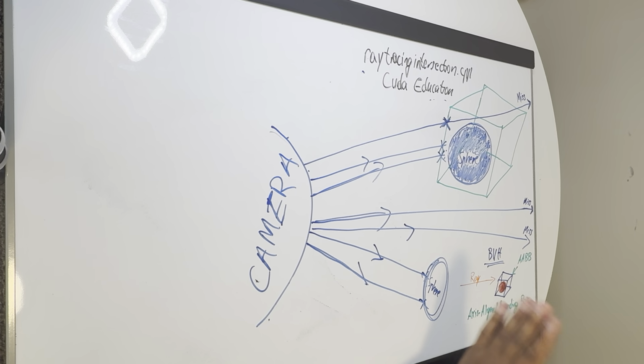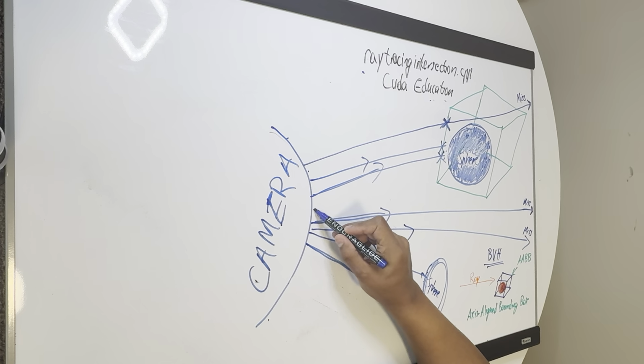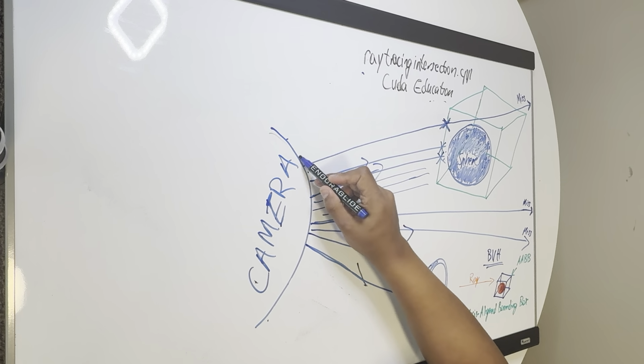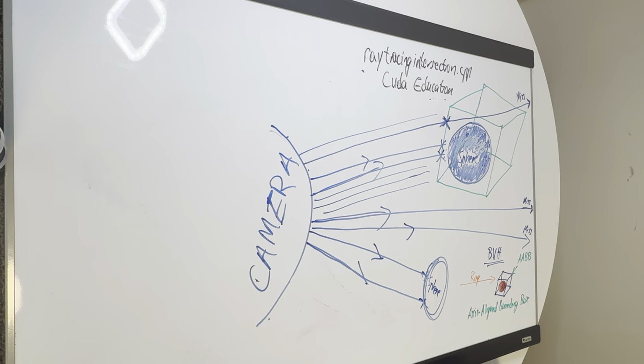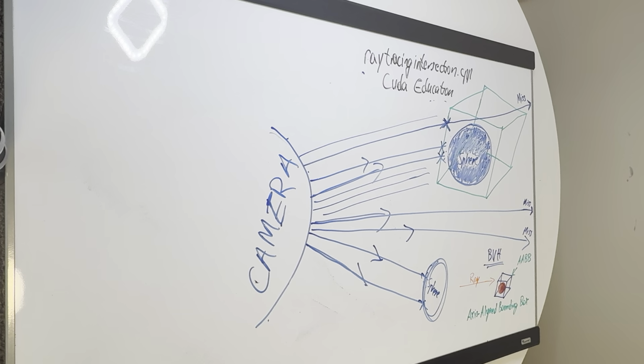That is the purpose of the axis aligned bounding boxes. So all of these rays, remember there are multiple rays coming through, right? All of these rays that are hitting the axis aligned bounding box, we have to do extra processing, right?